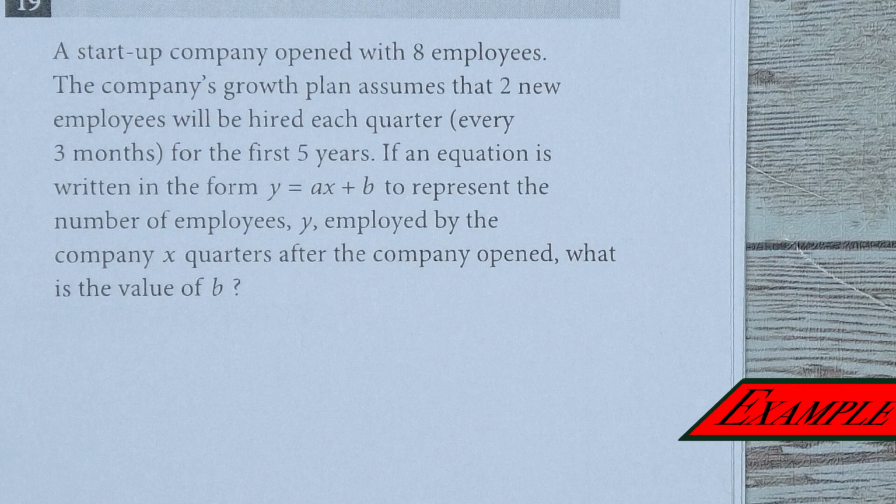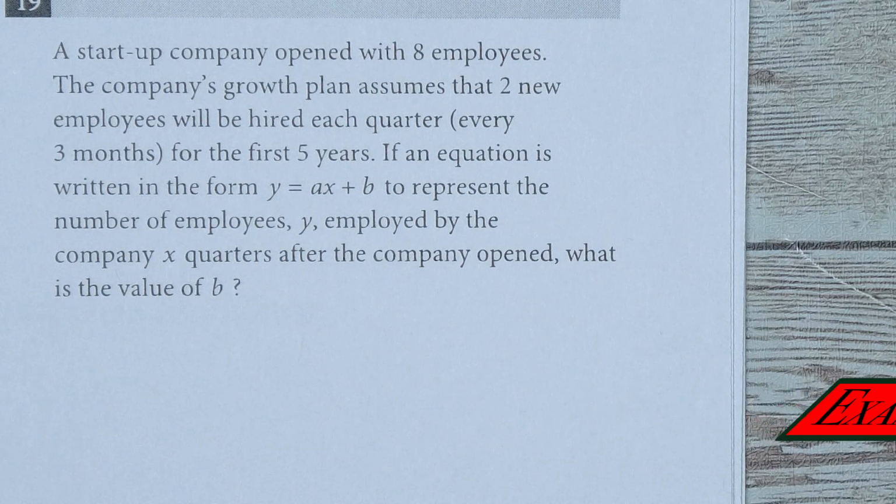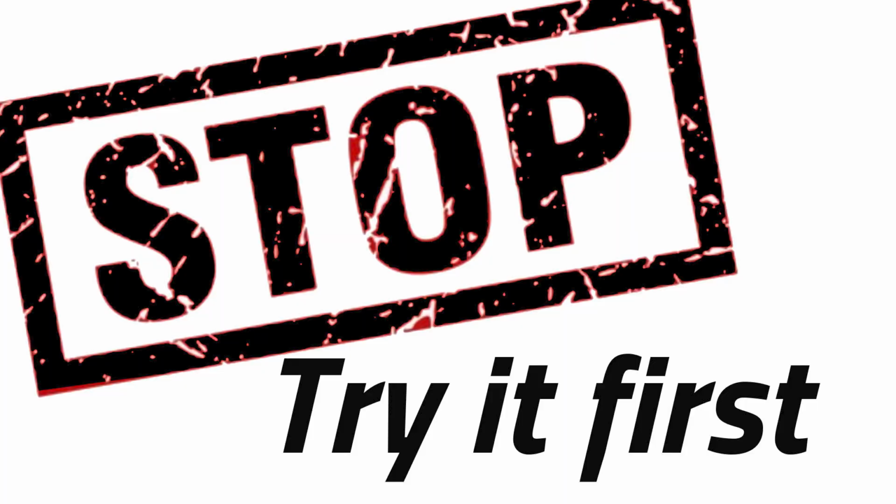A startup company opened with 8 employees. The company's growth plan assumed that 2 new employees will be hired each quarter, or every 3 months, for the first 5 years. If an equation is written in the form y = ax + b to represent the number of employees, y, employed by the company x quarters after the company opened, what is the value of b?